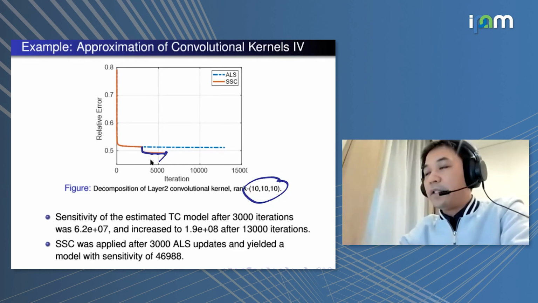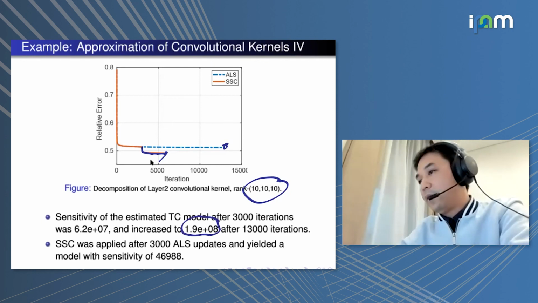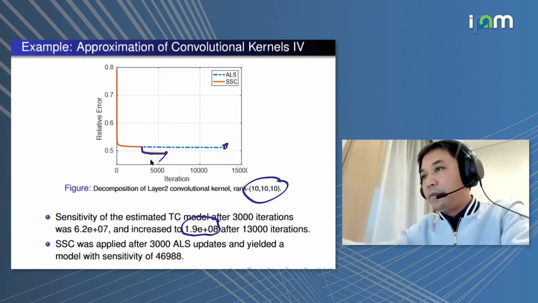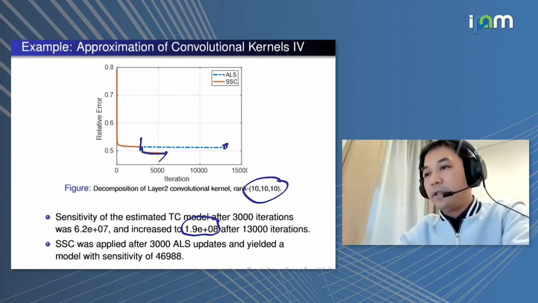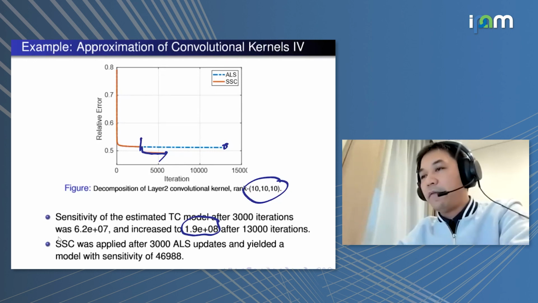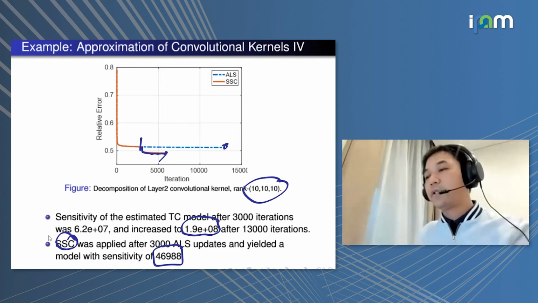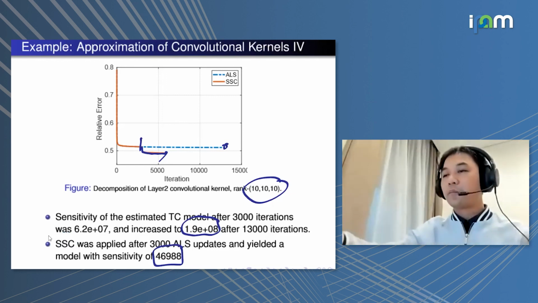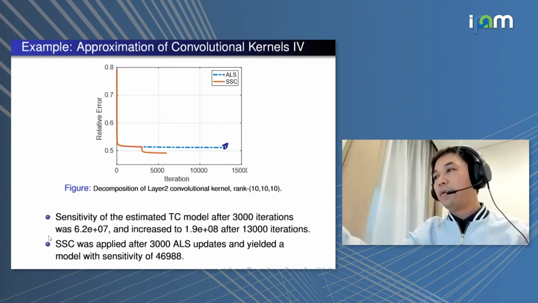Look at this. Let's see here. At this point, at 3,000 iterations, you have almost 62 million, and this one you have like 200 million. So if you apply the sensitivity correction, you have a very small sensitivity, almost 47. So what is the benefit of this?